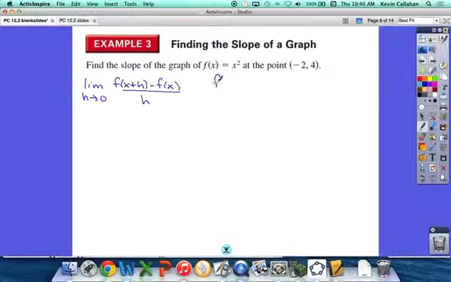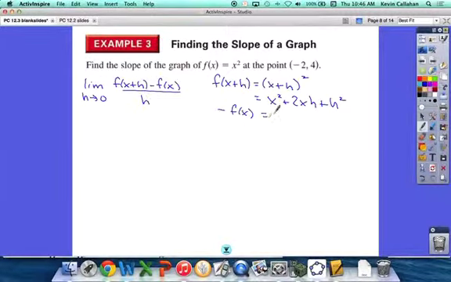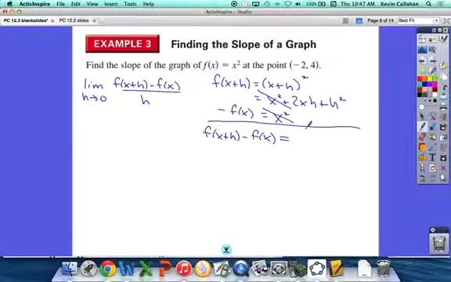The f of x plus h will be x plus h squared, which is x squared plus 2xh plus h squared. Minus f of x. So f of x plus h minus f of x equals, and the x squareds cancel.